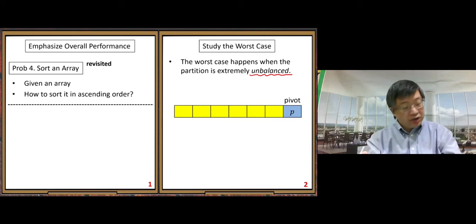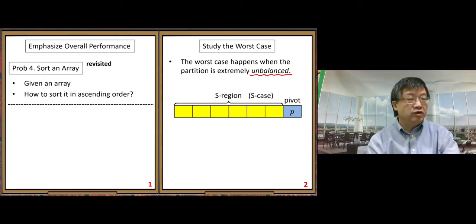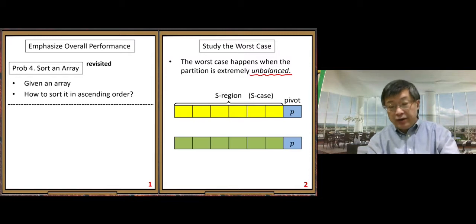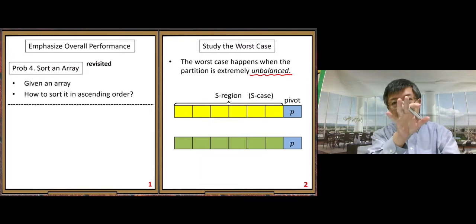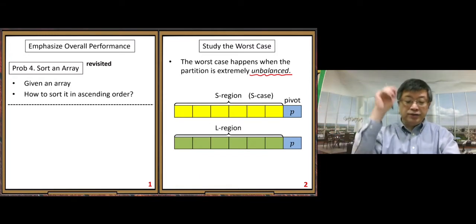So one is this one, S region. All the elements are in the S region, and we can call it S case for simplicity. The other case, all the elements are in the L region, so we can call it L case.